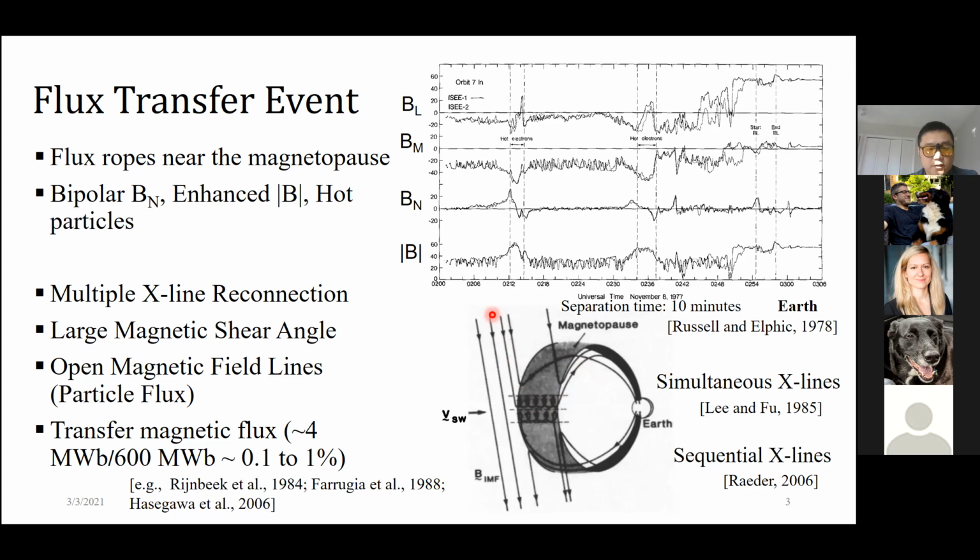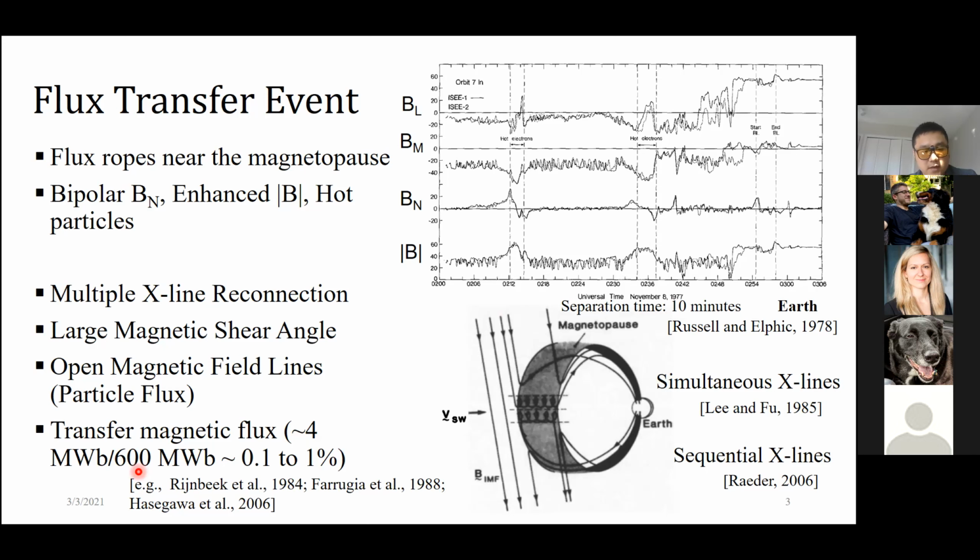For the case at Earth, a single flux transfer event could transport 4 megaweber of magnetic flux, compared to the total open magnetic flux of 600 megaweber. So that's really small.